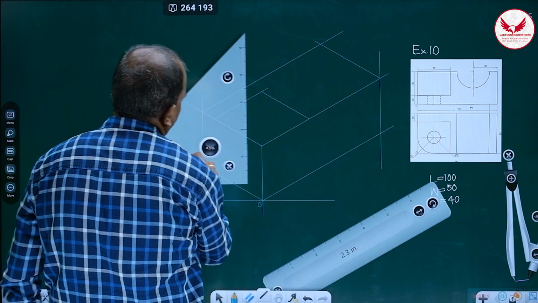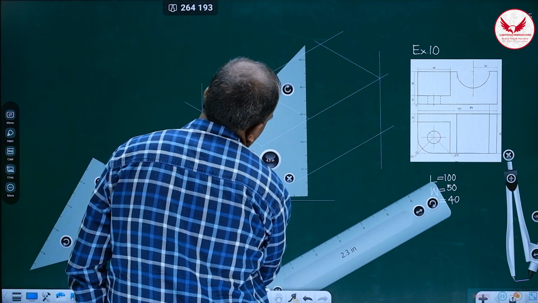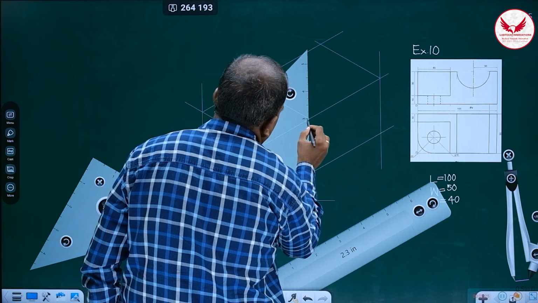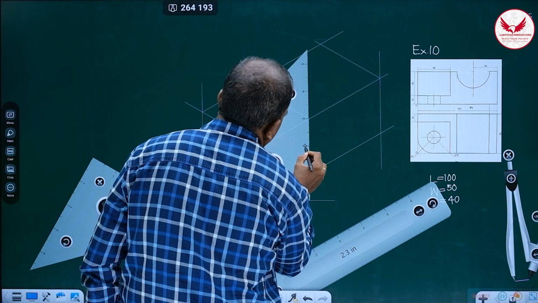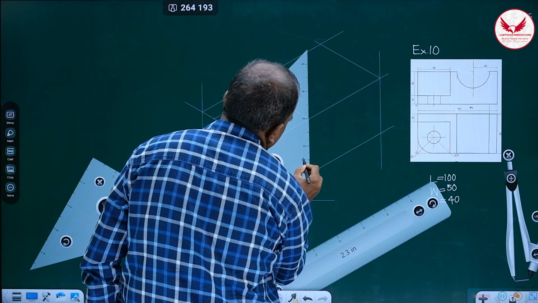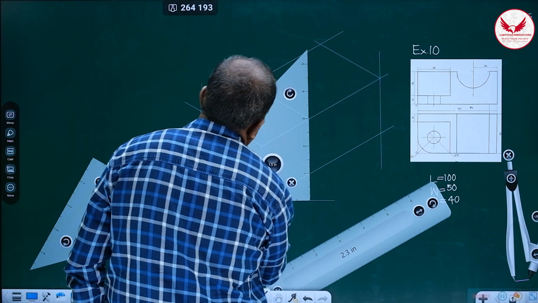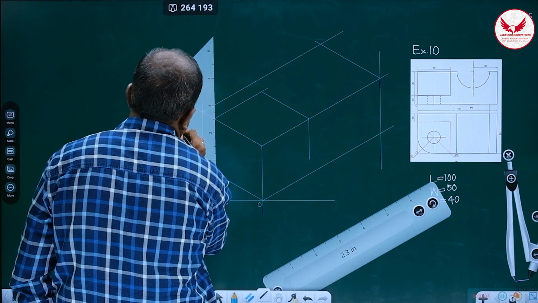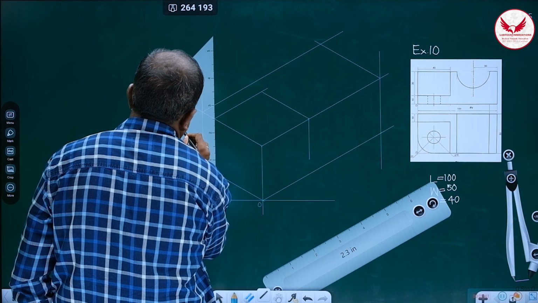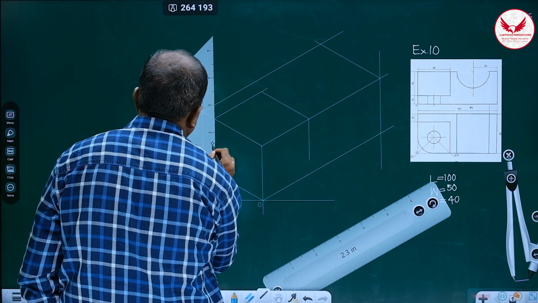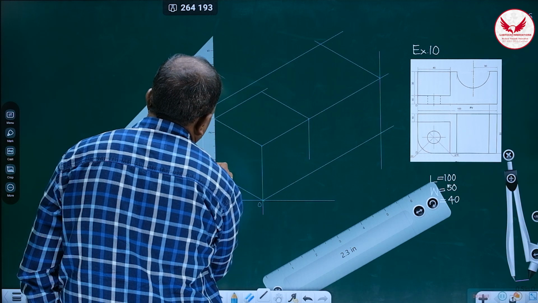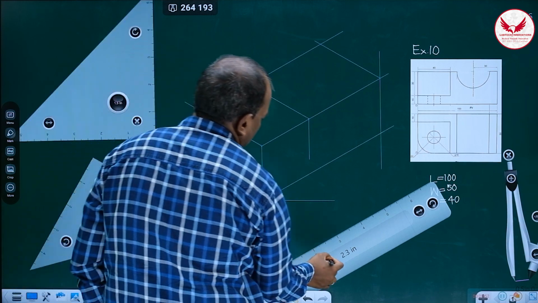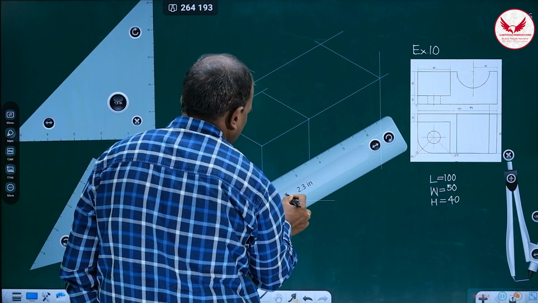This portion we can cut up to 30 mm. So from this 20, 30, at the bottom only 10 will be remaining. 10, 20, 30. Correct. So this portion we have to cut.